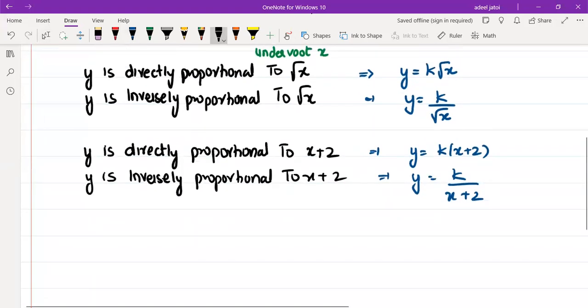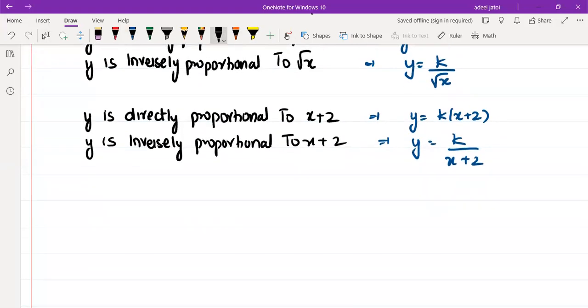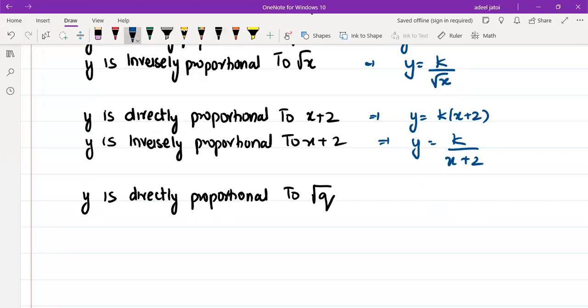Your formula can also have y is directly proportional to under root q. So now the formula will be y is equal to k under root q, because it says directly.